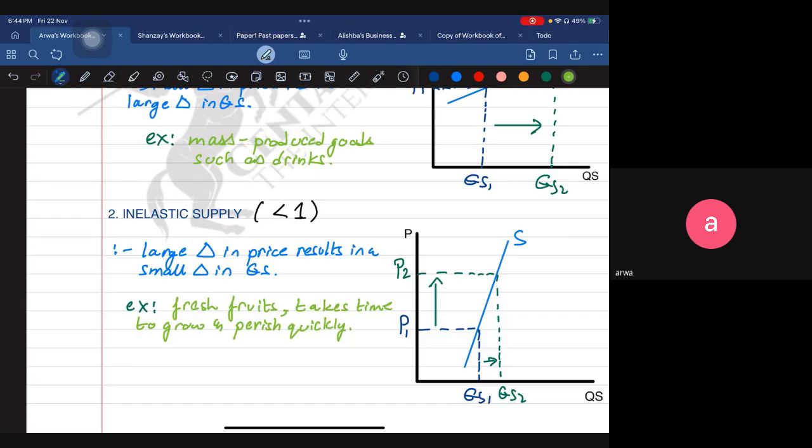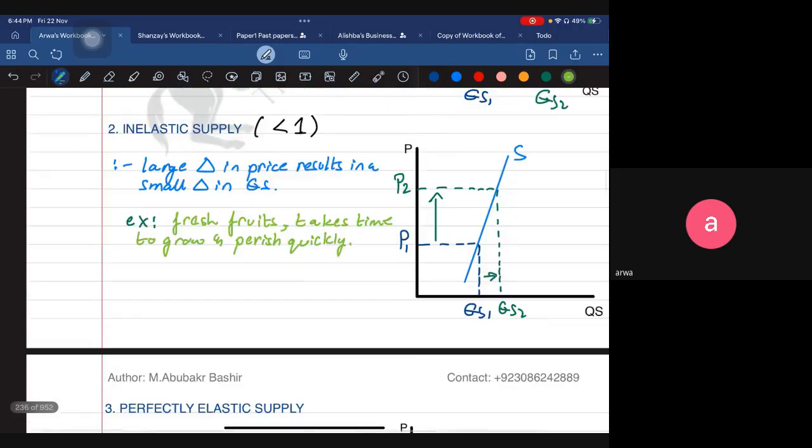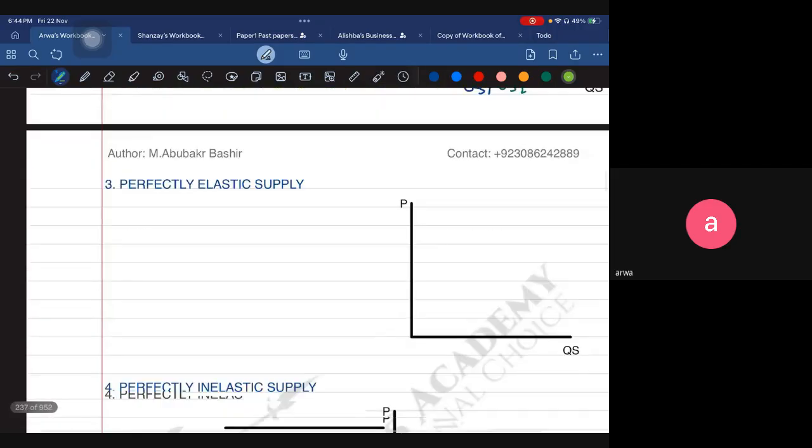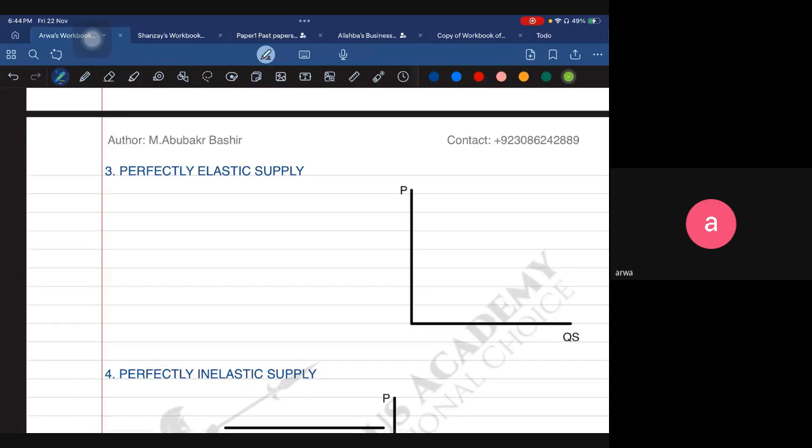Okay, now let's move on. You have made the diagram? Yes, sir. Great. Now, perfectly elastic supply.